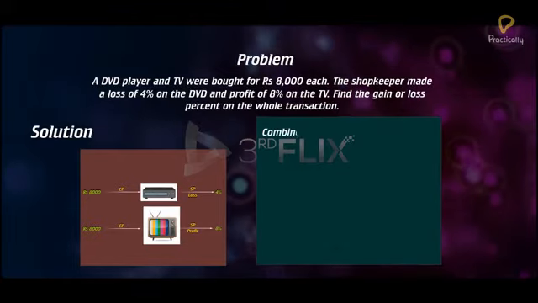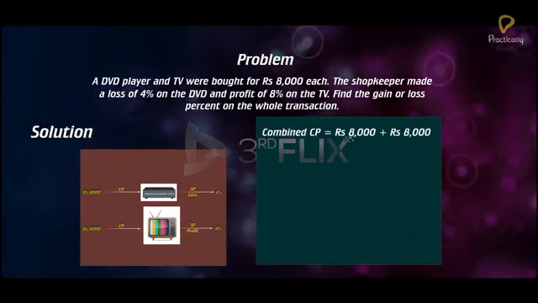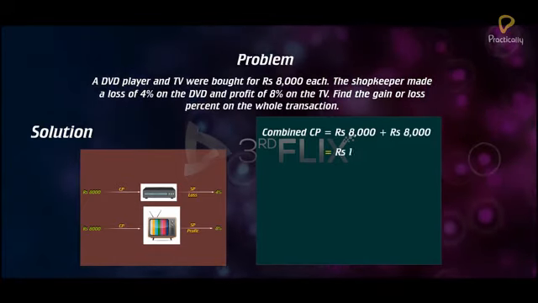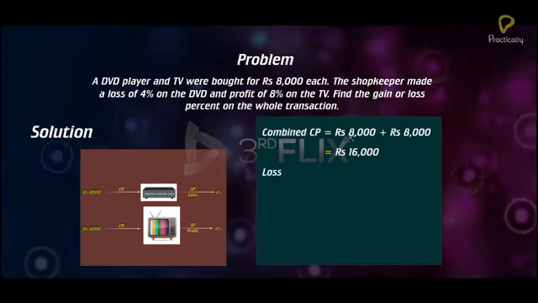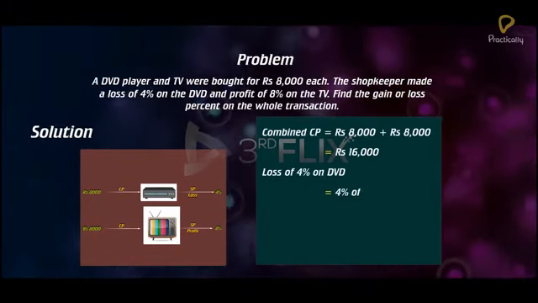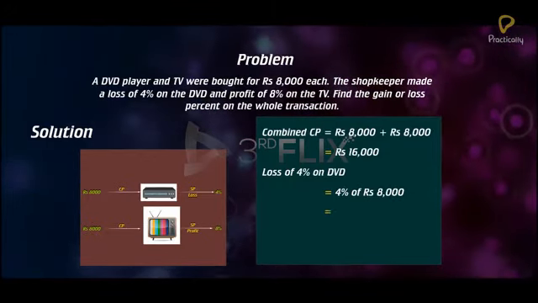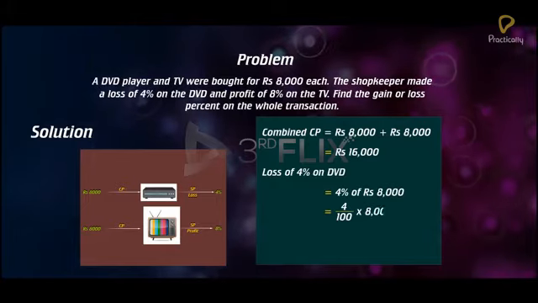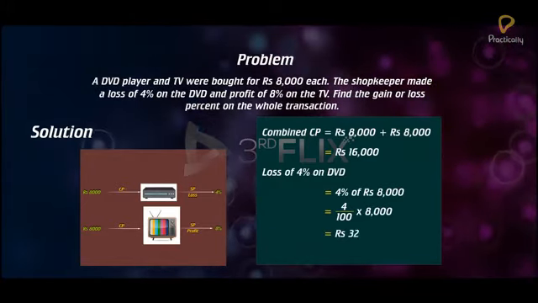Given, combined cost price is equal to rupees 8,000 plus rupees 8,000, is equal to rupees 16,000. Loss of 4% on DVD can be calculated as 4% of rupees 8,000. That is, 4 by 100 into 8,000, which is equal to rupees 320.